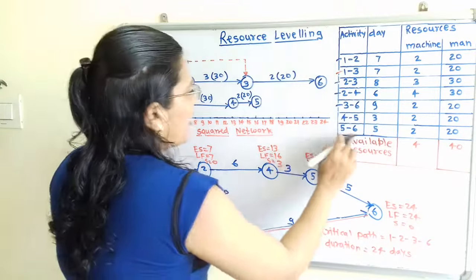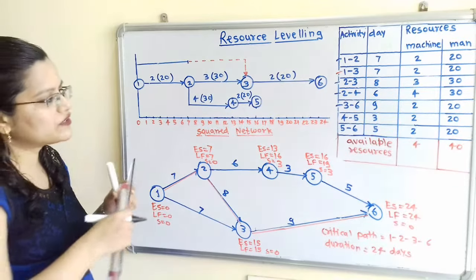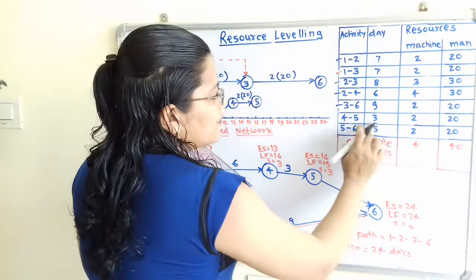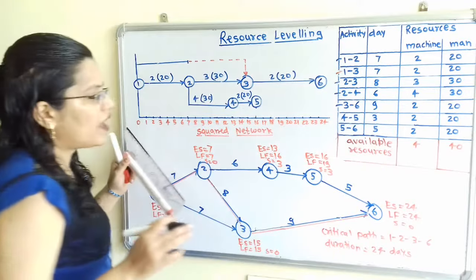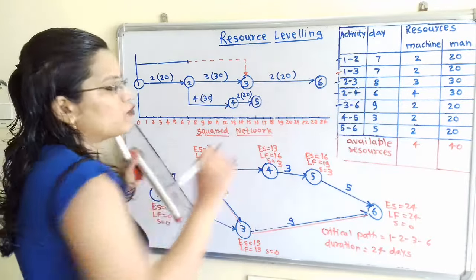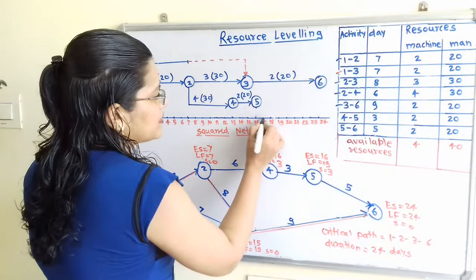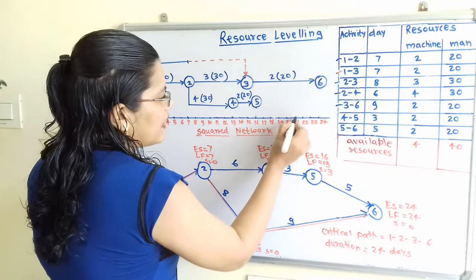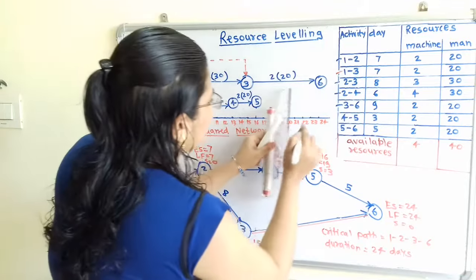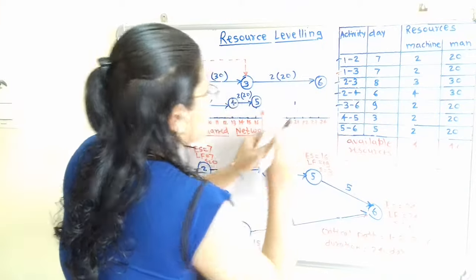Now the last one, 5 to 6. For 5 to 6, 5 days are required. So after this 16 we have to add the 5 days. So 16 plus 5, that is 21 days. I will mark here this 21 days.